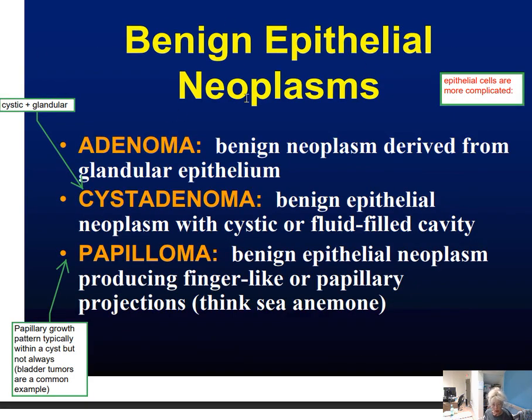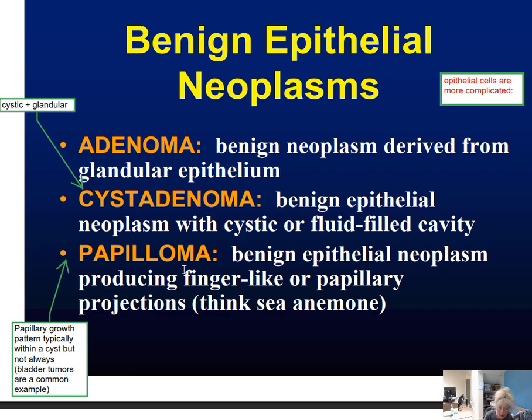Benign epithelial neoplasms. Typically, an adenoma is a benign neoplasm derived from glandular epithelium. A cystadenoma is a benign epithelial neoplasm with a cystic or fluid-filled cavity, whereas a papilloma is a benign epithelial neoplasm producing finger-like or papillary projections. Think of them like sea anemones.